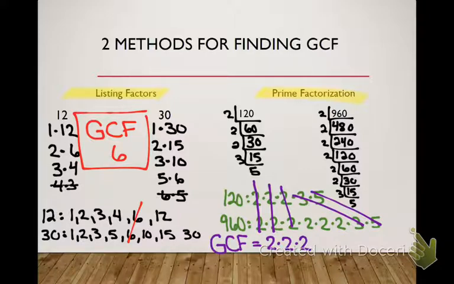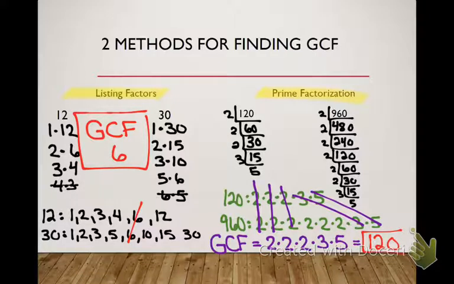Because there are 3 sets that I identified as common factors. How many 3's would I write? One 3. There's only one set of 3's. And how many 5's? 1. And when I multiply all those numbers together, 120.